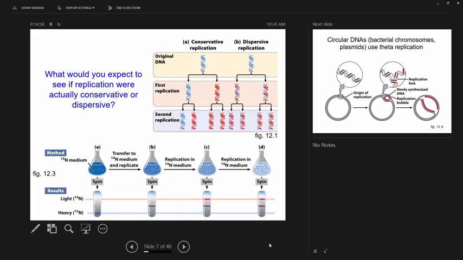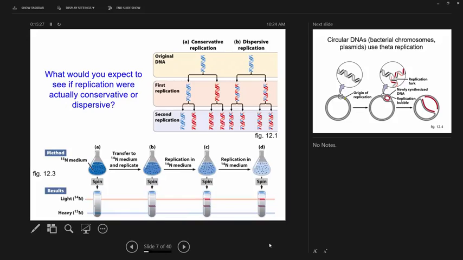Right, you would see one band at the bottom and one band at the top. Why would there be no band in the middle? Because it's either all heavy or all light, because the heavy DNA was conserved after the replication was over. So after one generation, half would be the light, half would be the heavy.